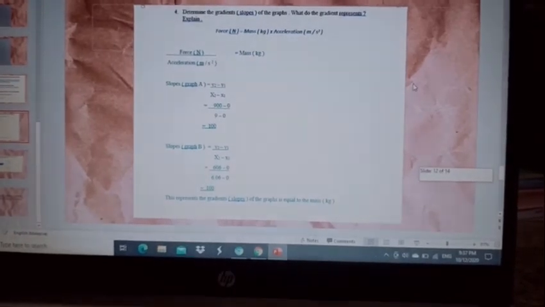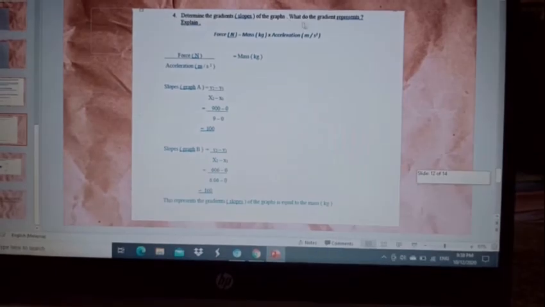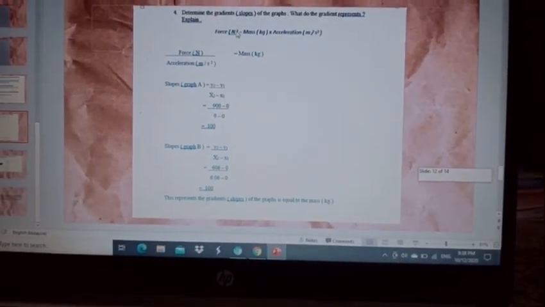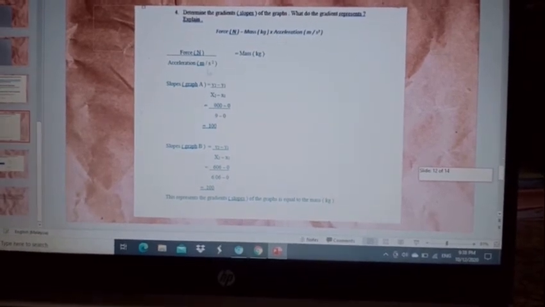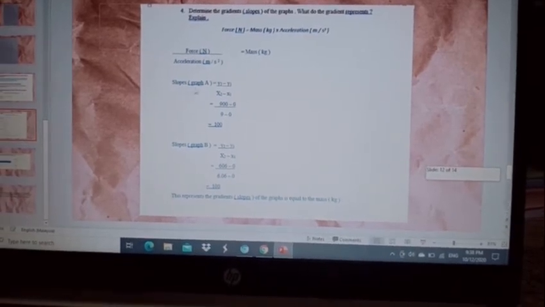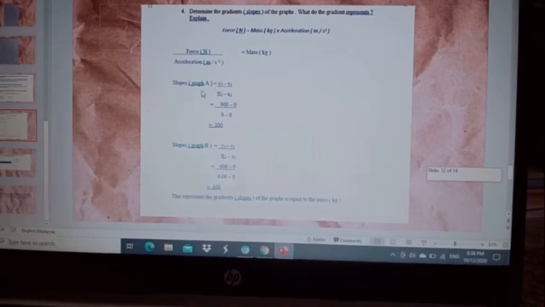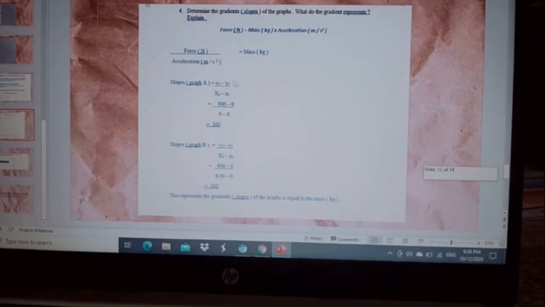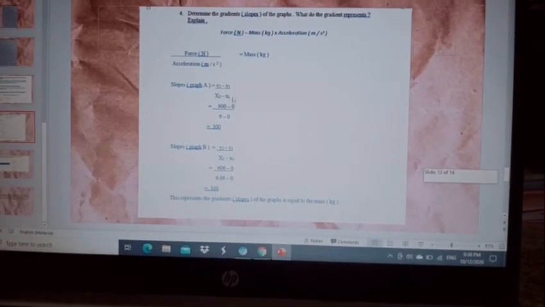So we continue with the next question. Number 4. Determine the gradient slope of the graph. What does the gradient represent? Explain. Based on Newton's second law, force equals mass times acceleration, so force divided by acceleration equals mass. So we calculate the gradients of graph A and graph B using the gradient formula, y2 minus y1 divided by x2 minus x1.